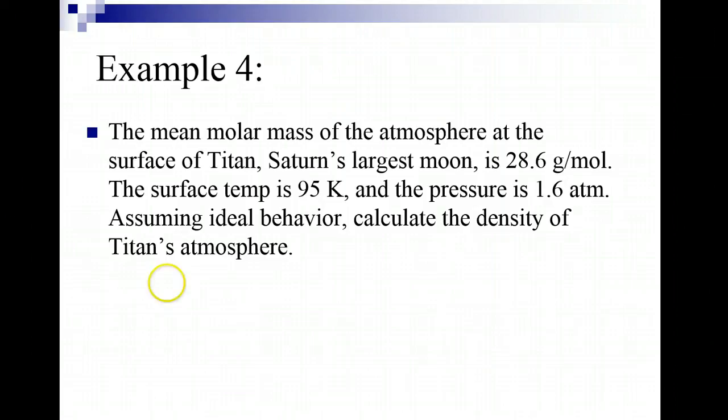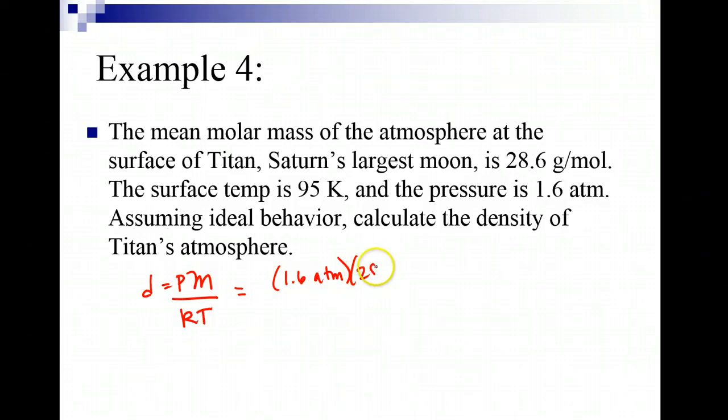So in this one, we're going to use the second example or the additional examples or applications of PV = nRT. So density equals pressure times molar mass over RT. And if we plug those in, we would get 1.6 atmospheres times 28.6 grams per mole. That's the molar mass of the atmosphere there.